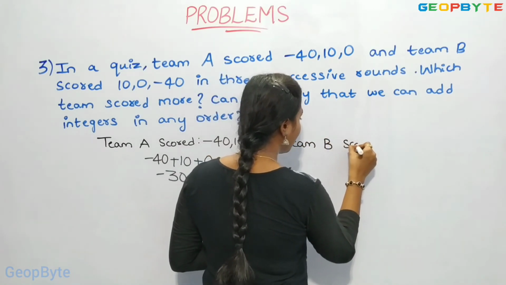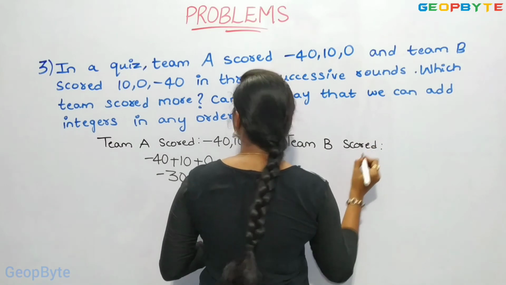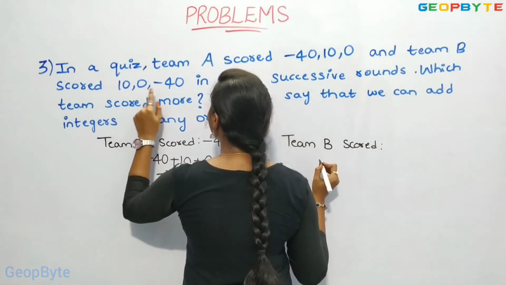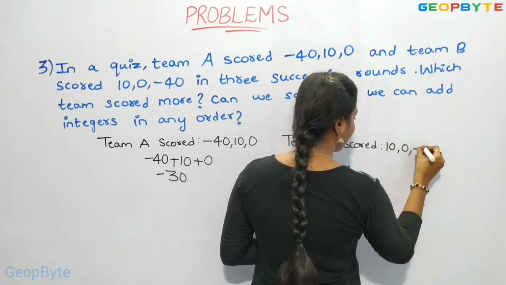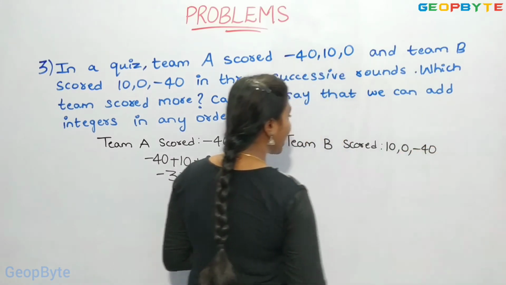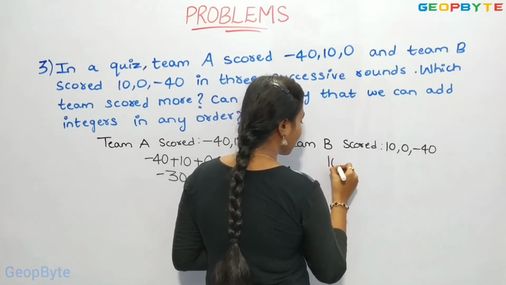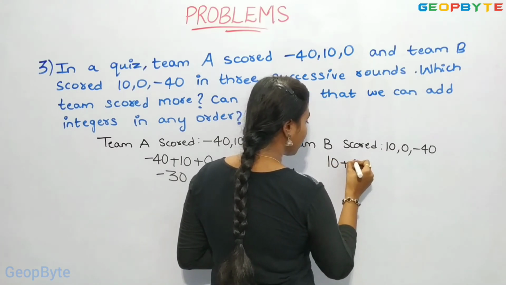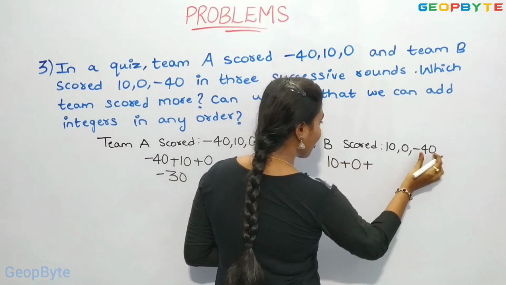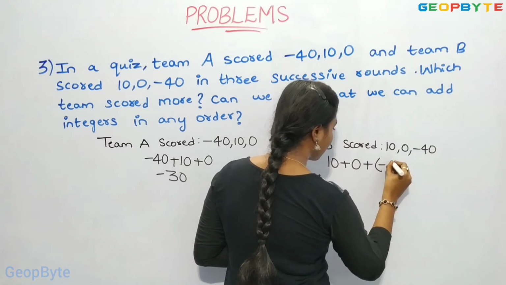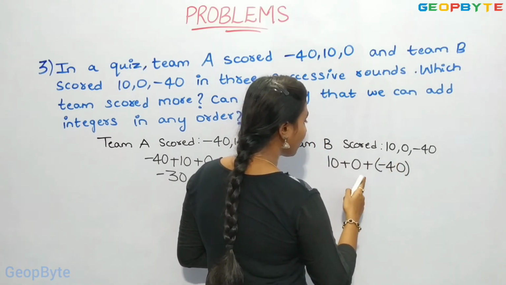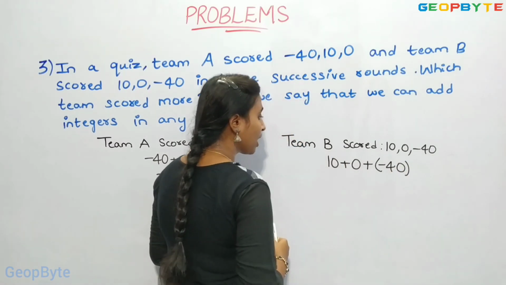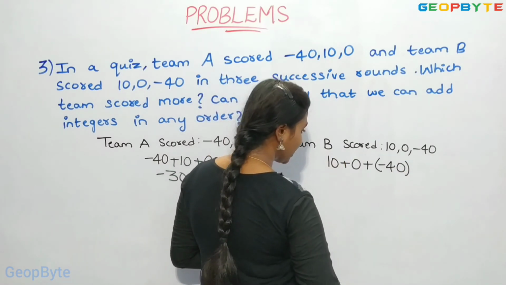Team B scored 10, 0, minus 40. Let us add 10 plus 0 plus minus 40. Now here 0 is negligible.